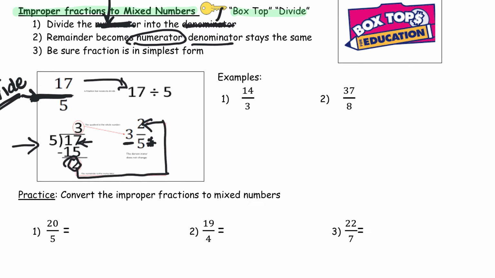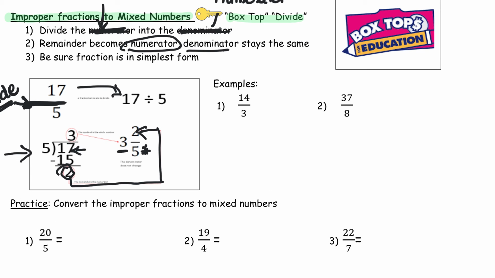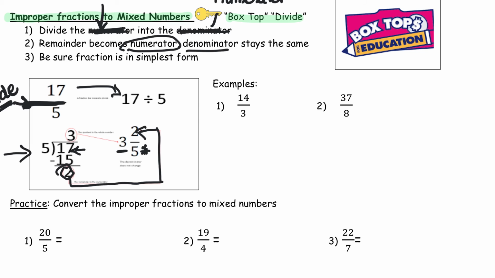Let's take a look at example number 1, 14/3. Basically, if you need to divide, you can put it in your calculator. But remember, it would look like this. 14 divided by 3. 3 goes into 14 how many times? 4 full times. 4 times 3 is 12.